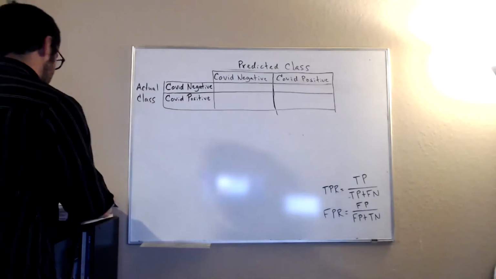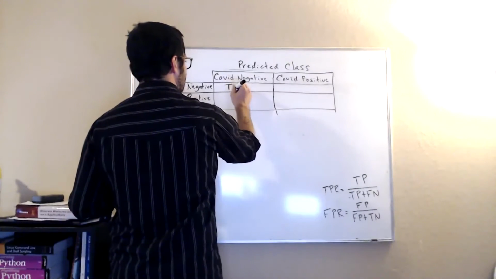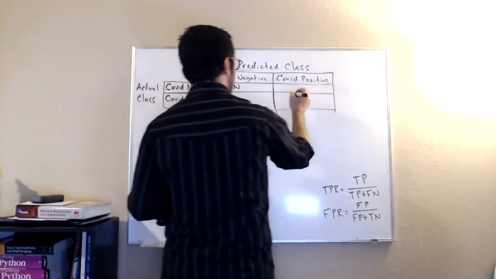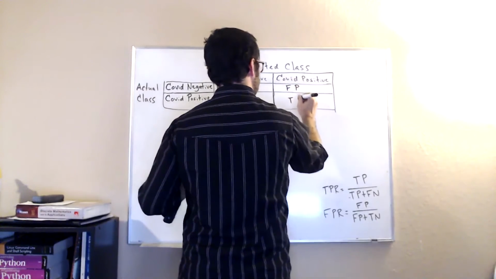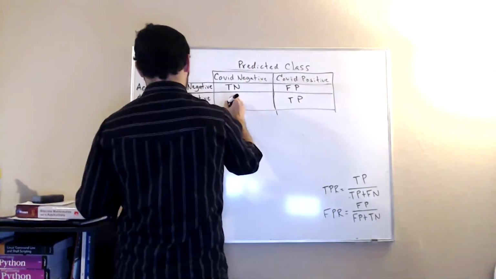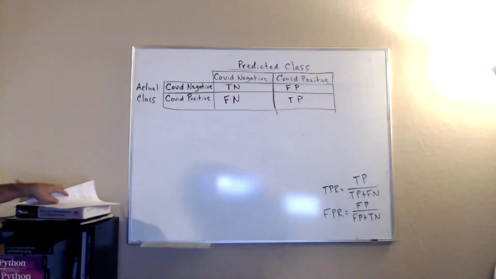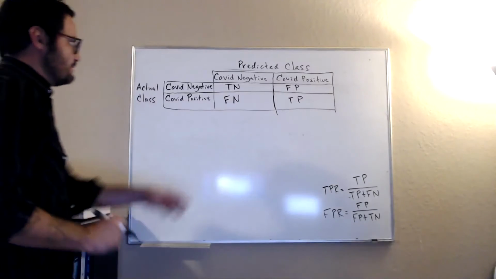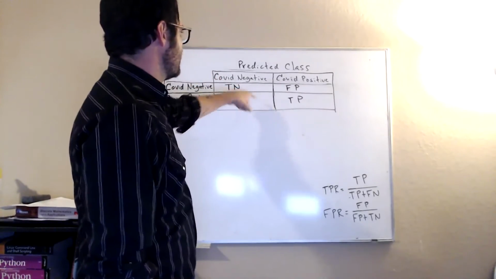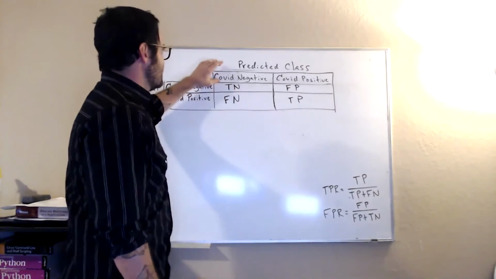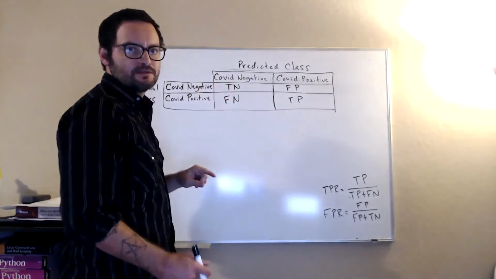All right, and just recall that here we have true negatives, here we have the false positives, true positives, and then false negatives here. Okay, and that's how we fill our confusion matrix. So inside this cell here is the number of true negatives that we predict that are actually true negatives.